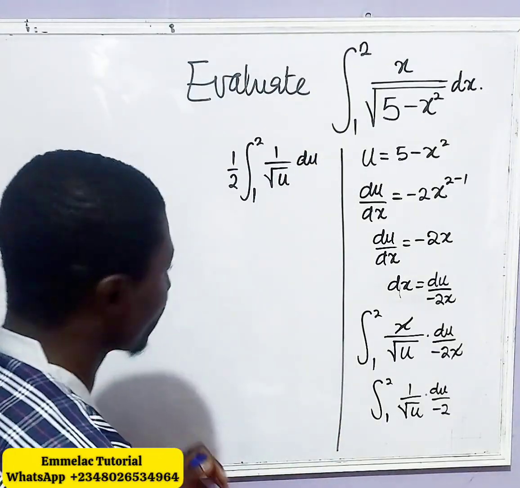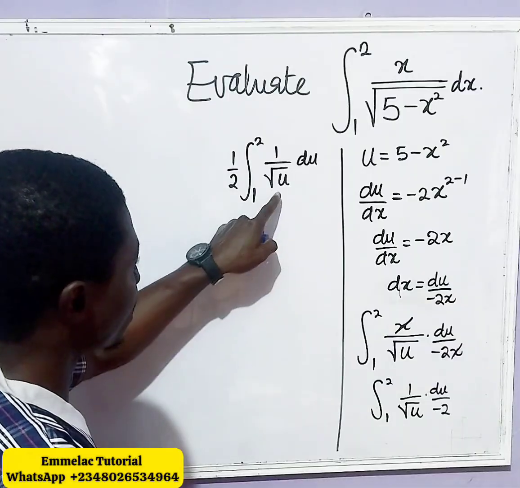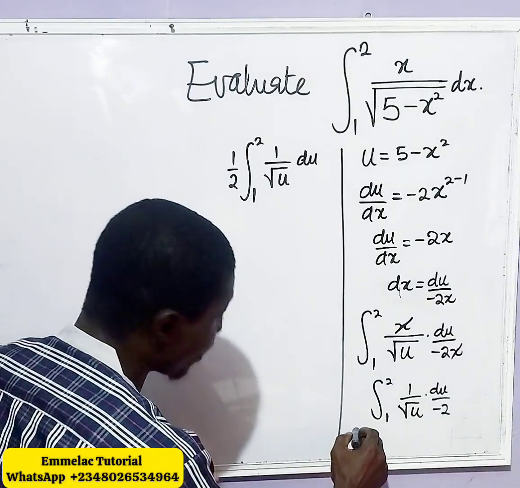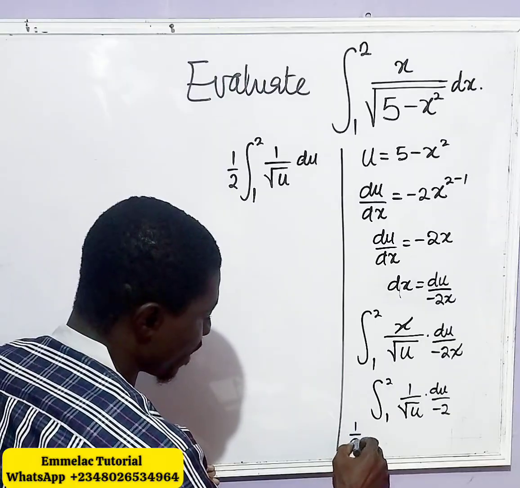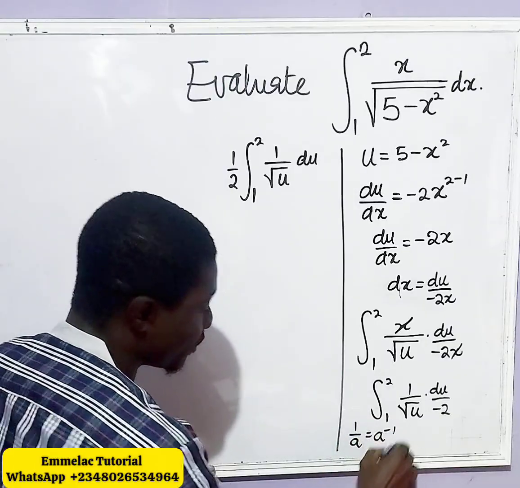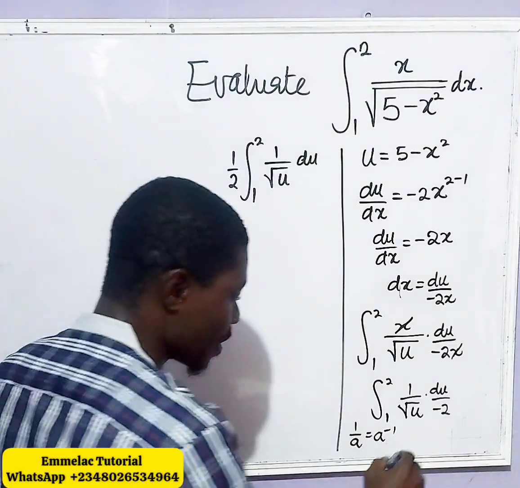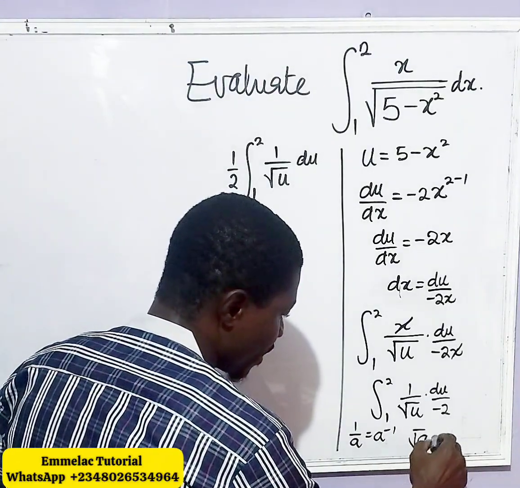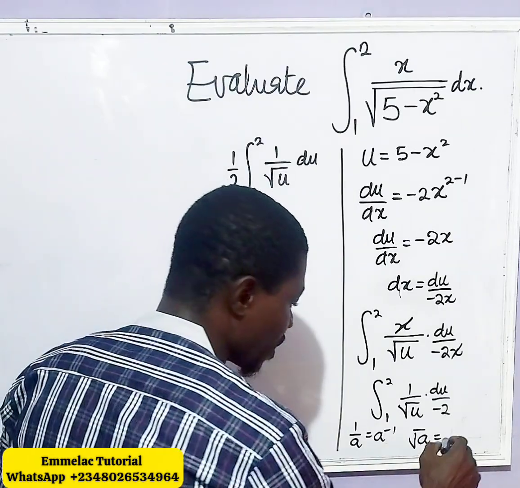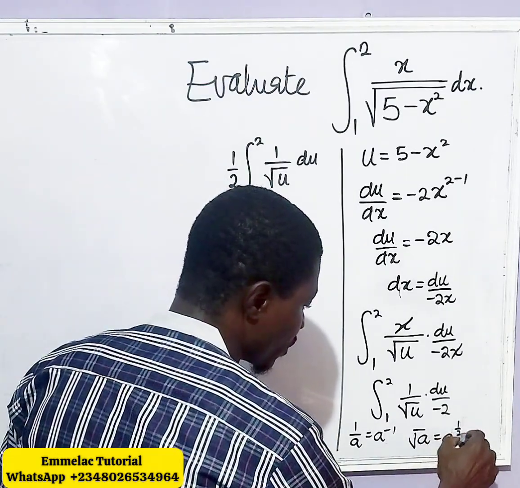Follow me closely. Take note, according to the law of indices, if you have 1 all over a, this is the same as saying a raised to negative 1, right? And we know that the square root of a is the same thing, in terms of exponent, as a raised to 1 over 2.